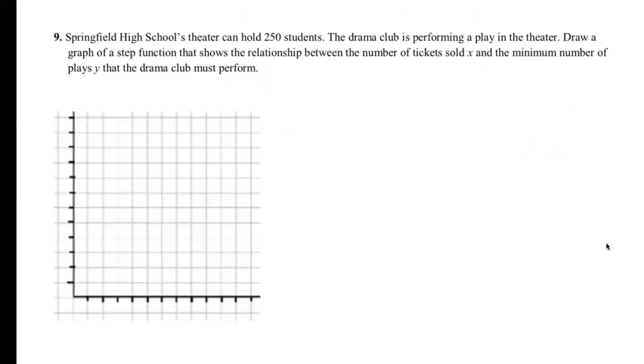Draw a graph of a step function that shows the relationship between the number of tickets sold, X, and the minimum number of plays, Y, that the drama club must perform. All right, so they already tell us that this is going to be the number of tickets sold on the X, and then the number of plays is going to be on the Y.